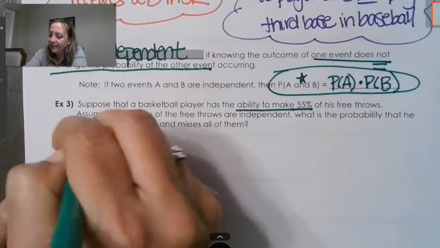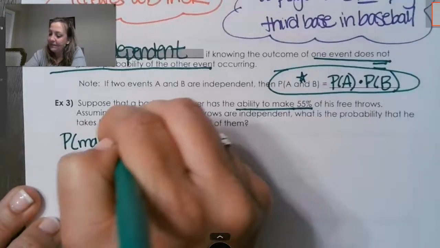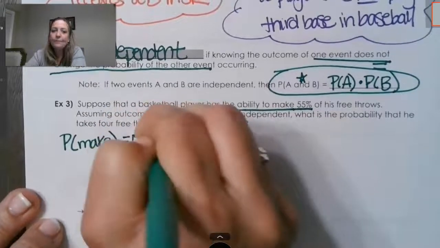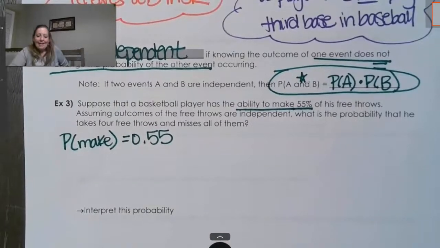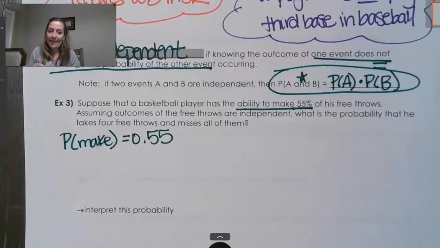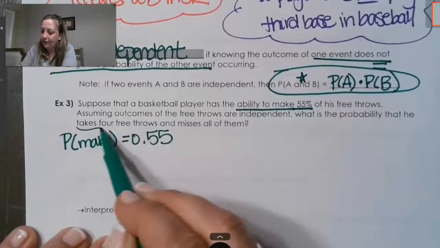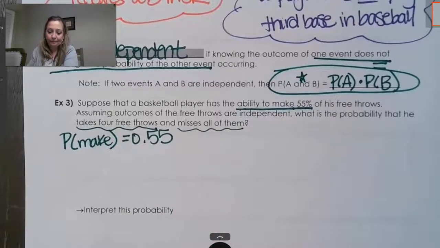What that's telling us is that the probability of a make is 55%, or 0.55. Now, it's asking us what's the probability that he takes 4 free throws and he misses all of them.